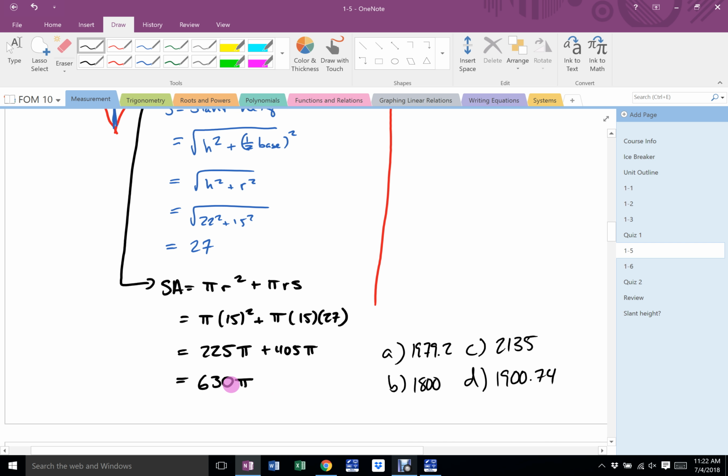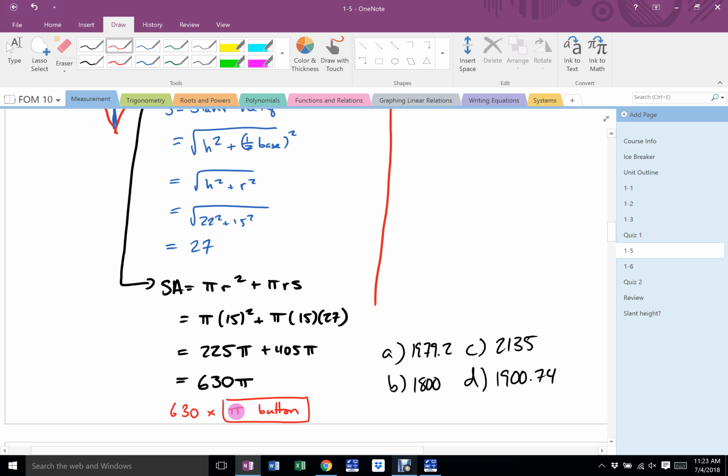And of course, what that really means is 630 times the pi button. If you cannot find your pi button, if there isn't a button on your calculator that actually shows the symbol for pi, it's probably a second function button.